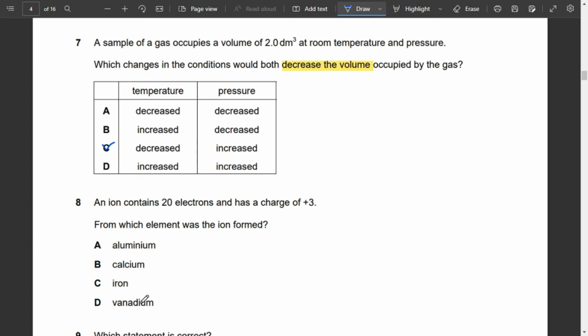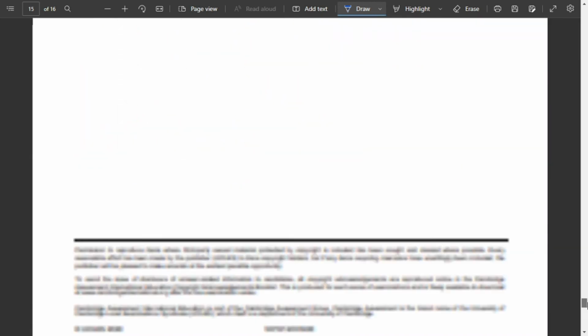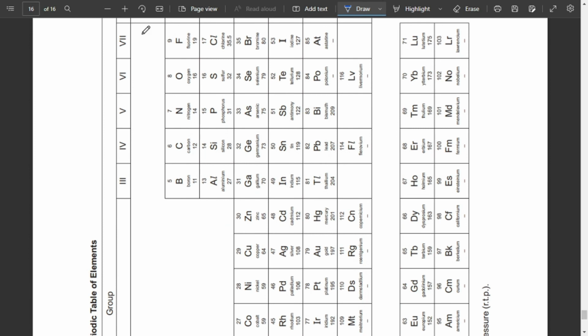However, if you look at vanadium, yes, its answer can be vanadium, of course. If you want, you can check this through the periodic table if you don't remember exact charges. This is the periodic table given to us.